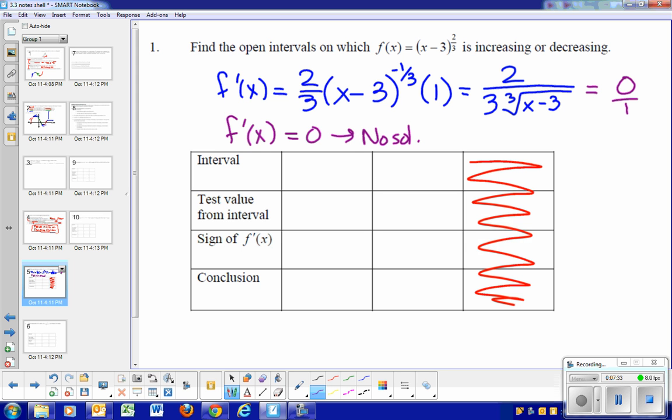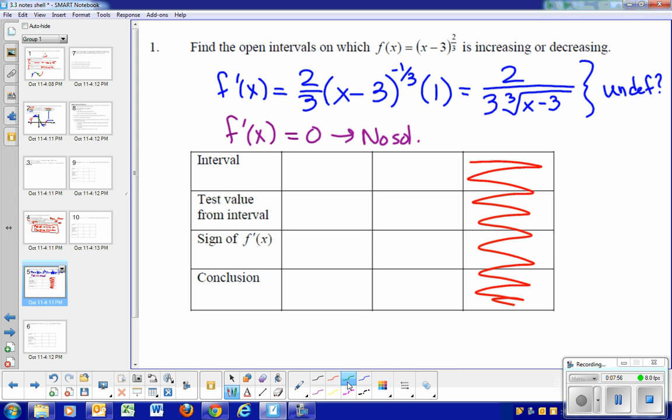Okay? I also would like to think about where the derivative is undefined. So I need to think about, going back for a second, this expression and think about it being undefined in terms of finding the other critical numbers. So what do we think about that? I think I'm going to get something undefined if I'm dividing by 0.